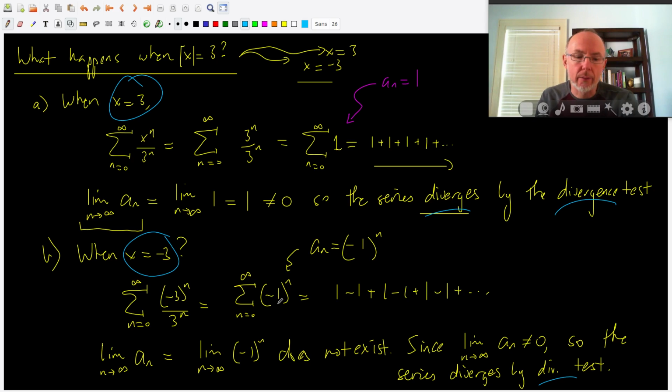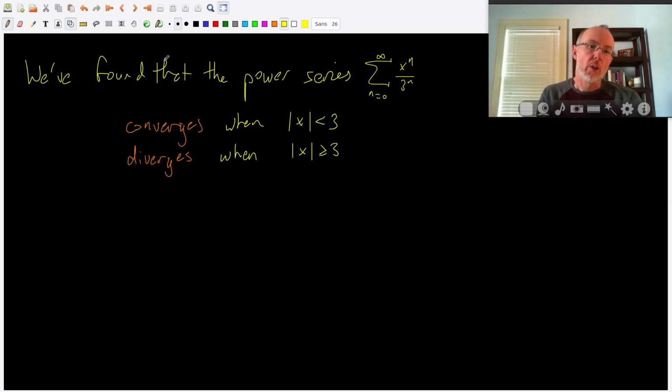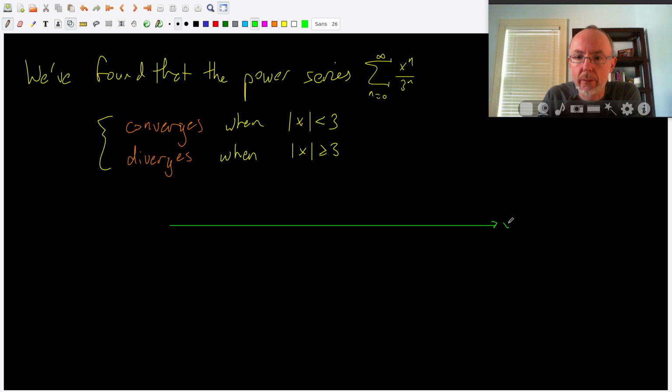And so now we can summarize what we found. We found that this power series converges when the absolute value of x is less than 3. And it diverges when the absolute value of x is bigger than 3, that comes from the ratio test, or equal to 3, because we saw that in the divergence test. So we've now looked at every possible value of x, and we found where this power series converges and diverges.